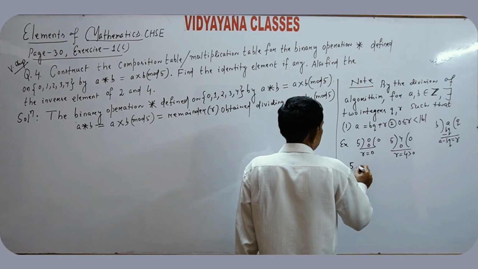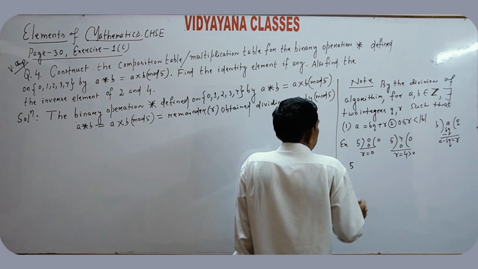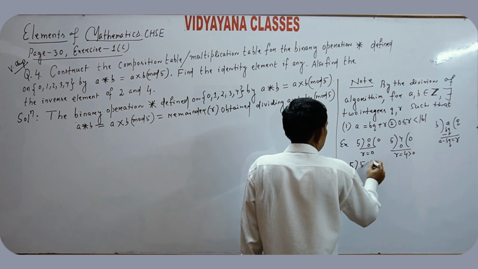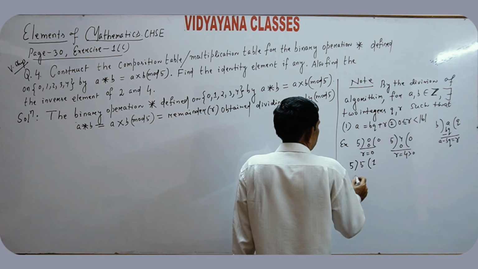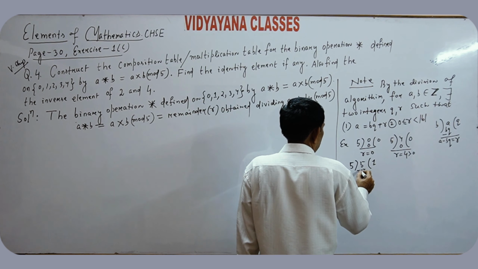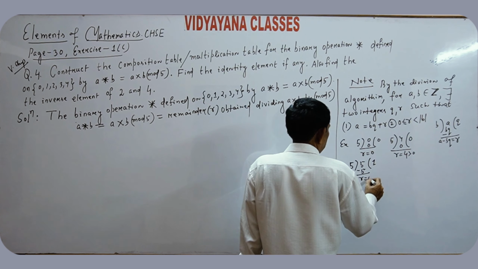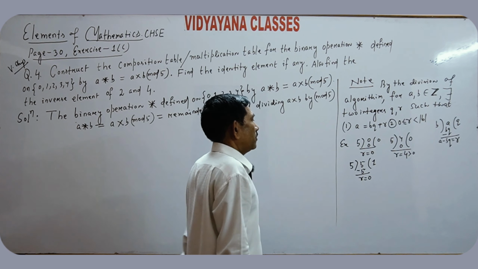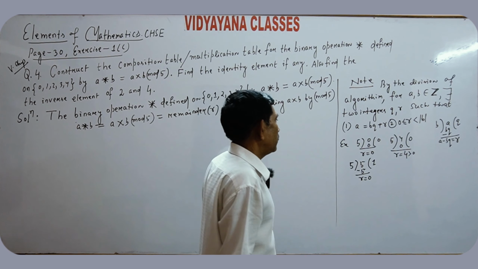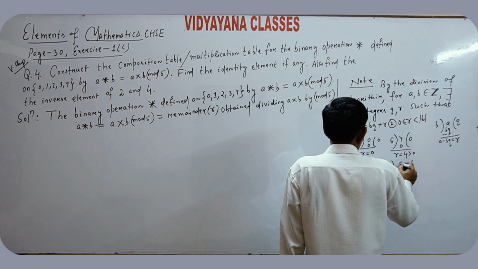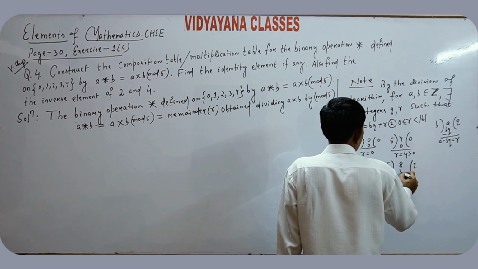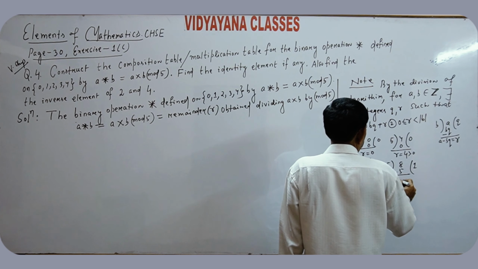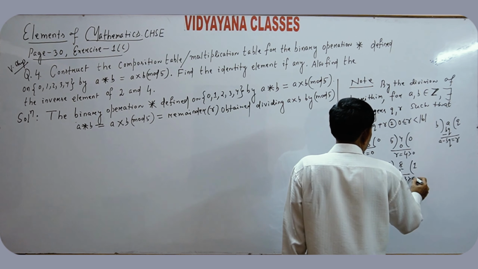5 divides 5, the quotient is 1 and the remainder is 0. 5 divides 8, the quotient is 1 and the remainder r is equal to 3, greater than 0.